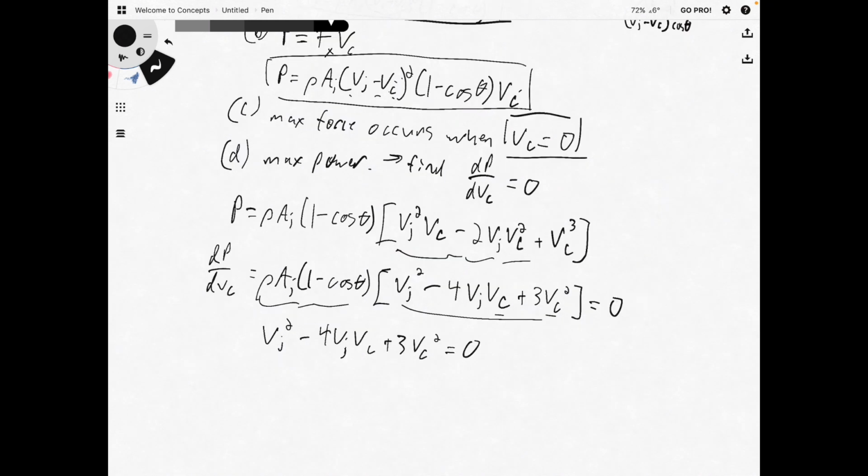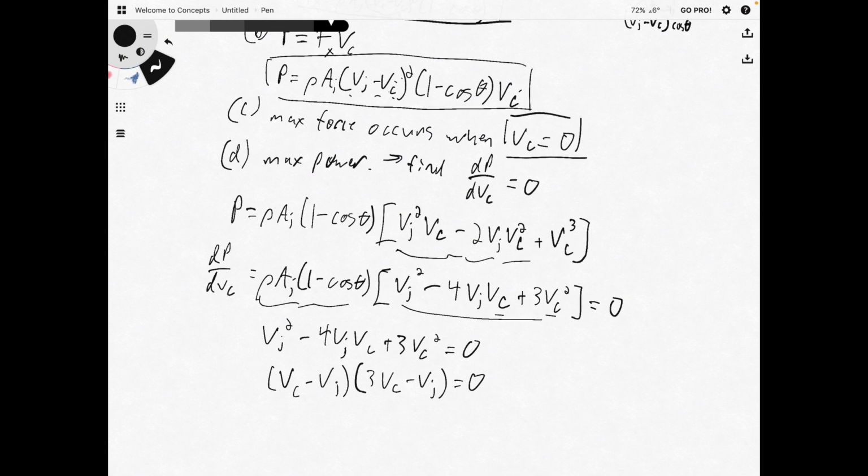So we're going to factor this out into two separate terms, and we can rewrite this as Vc minus Vj times 3Vc minus Vj is equal to 0. And now if we look at this, we're going to find that there are two points where dP/dVc is equal to 0.